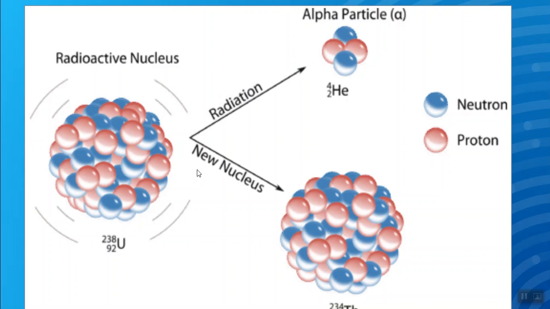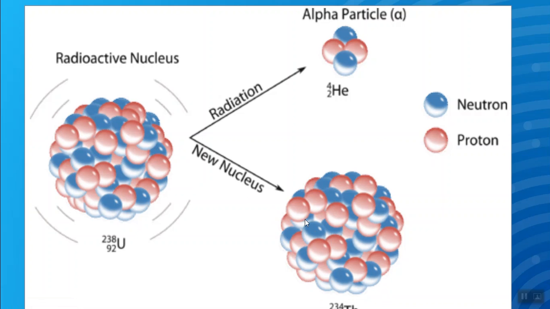Here's another example of specifically how that looks. So here is the uranium-238 isotope. There's also uranium-235. Those are the 2 most common ones. And we have a new nucleus, so we get a new element, actually, thorium.